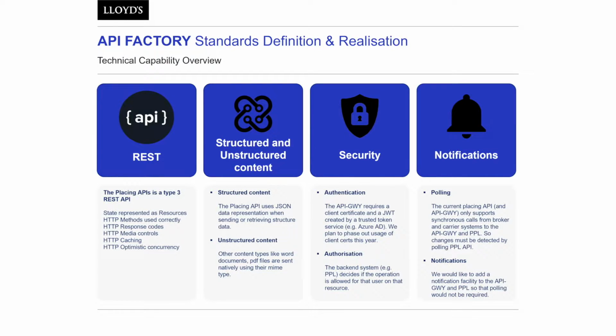On the security side, which is a whole world of interest here, because we basically have to have a security system which is going to work across the market and enable people to provide software as a service applications to other organizations. So we split the authentication and authorization according to the agreed API standard and the API gateway that's provided to the London market.